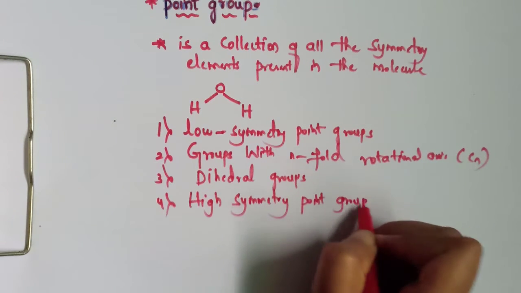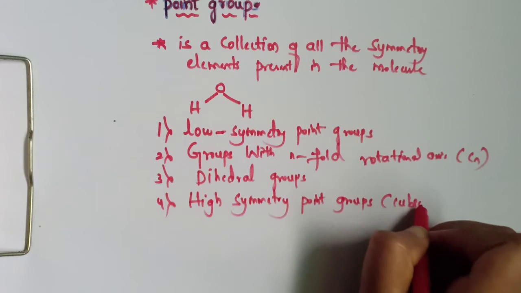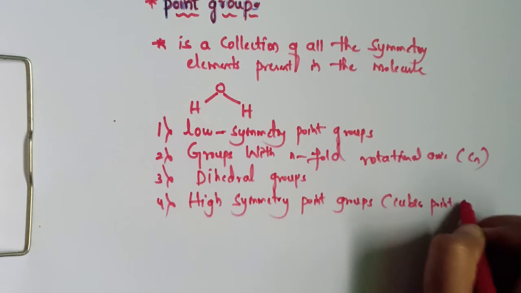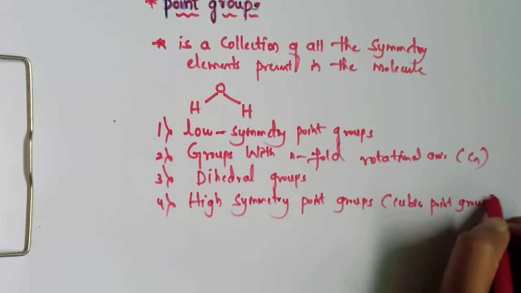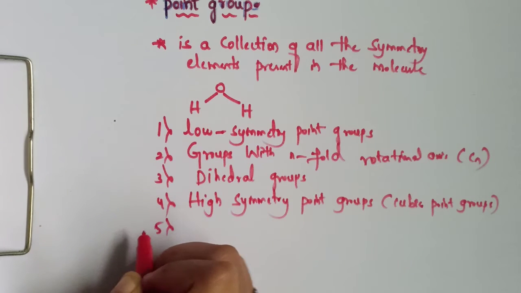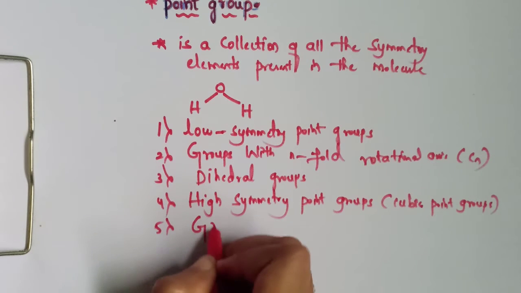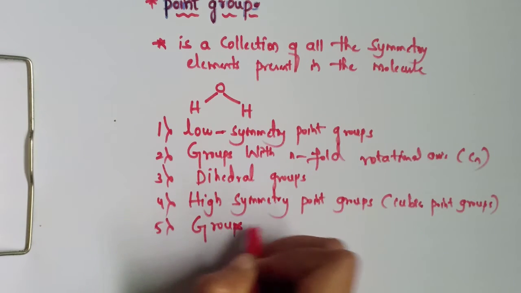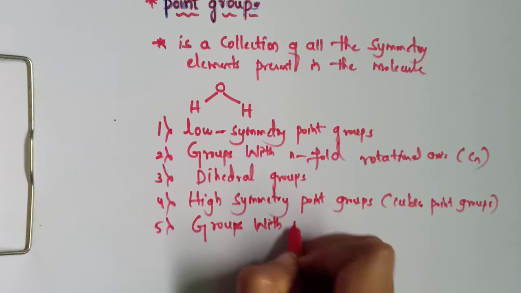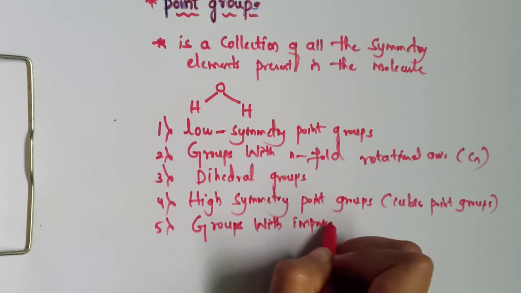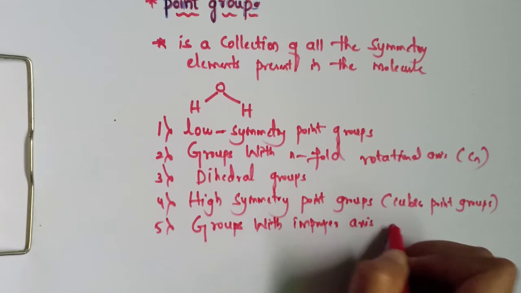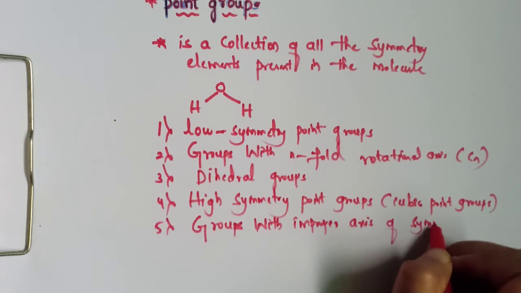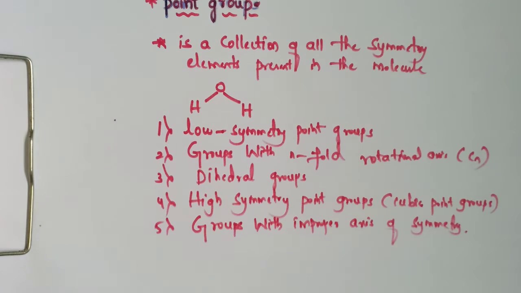These are also called cubic point groups. And the fifth one is groups with improper axis of symmetry. These are the classifications of point groups.